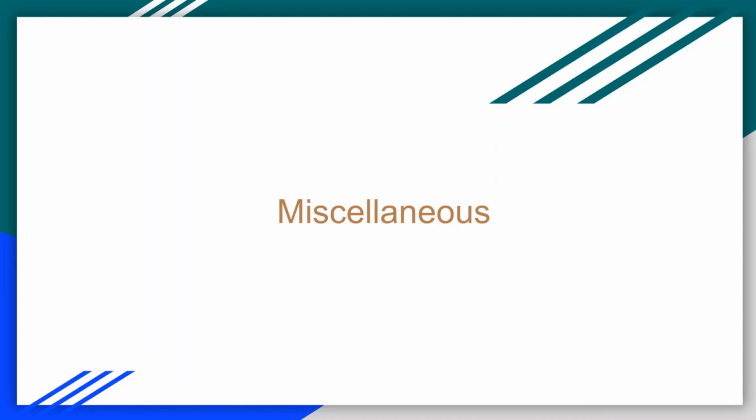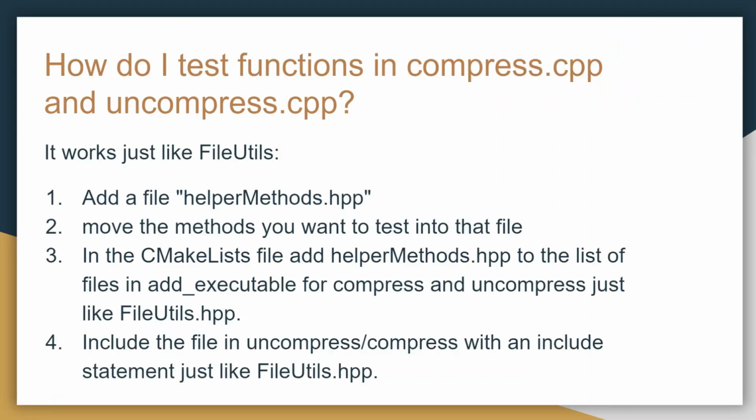Okay, and then finally, miscellaneous. These are just some things that I thought would be beneficial to go over very quickly. How do I test functions in compress and uncompress? We kind of went over this before, but it works just like file util. So you can add a file called helpermethods.hpp. Honestly, though, it'd probably be better to name it something more reasonable, since this doesn't really give you any information.